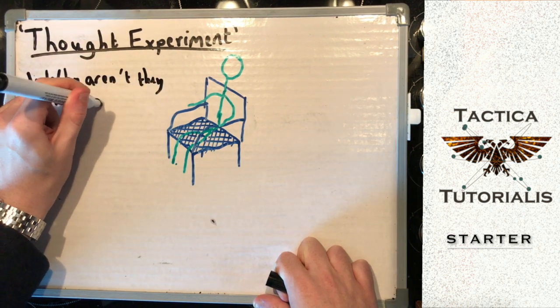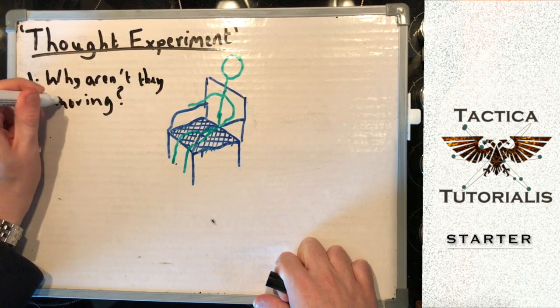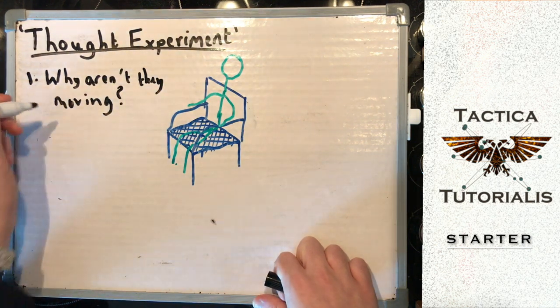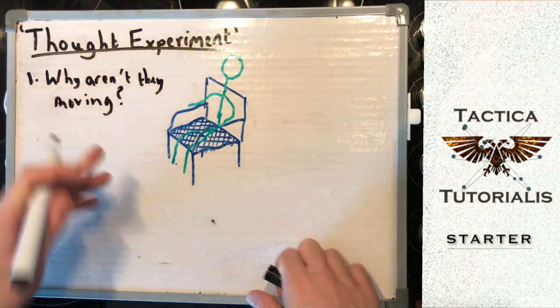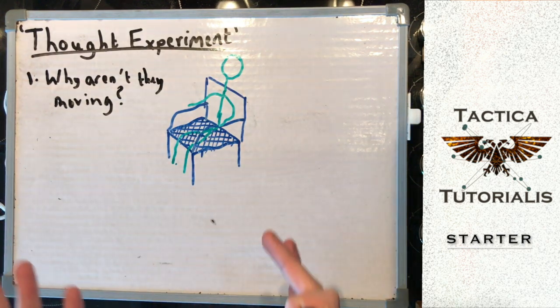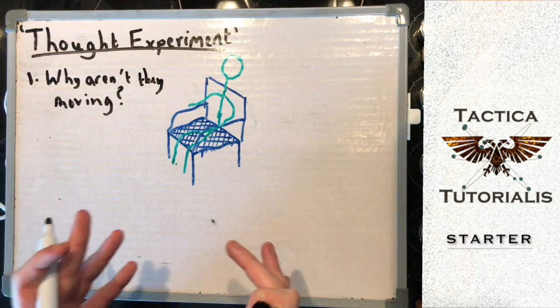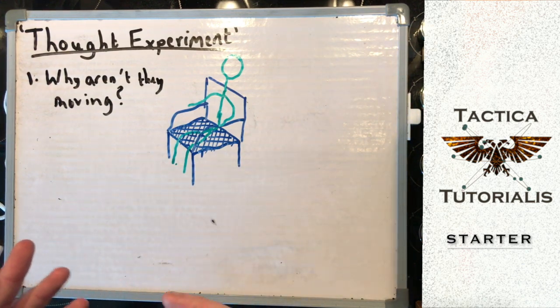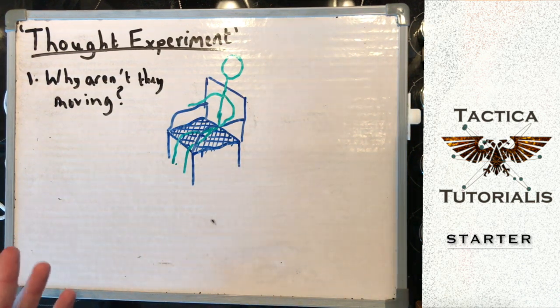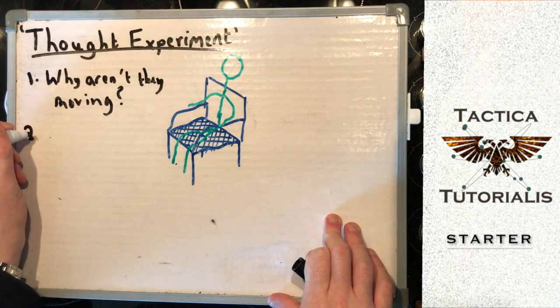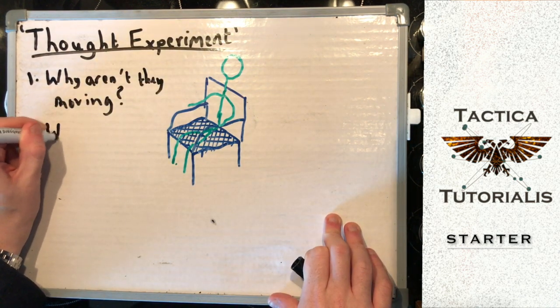That's my first question. Why is it that this person is not moving? Because as I just told you, they're not moving right now. They might even be asleep, so they're not consciously controlling their muscles to keep them in place. They're just not moving. Why? Second question, what would make them move?